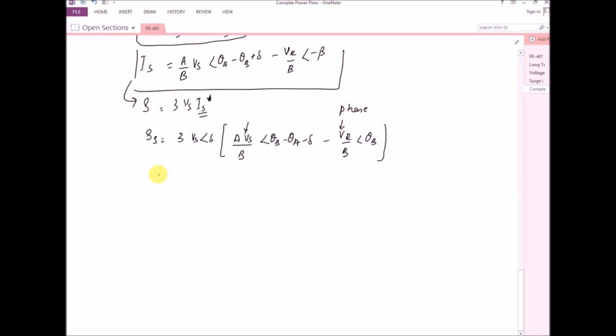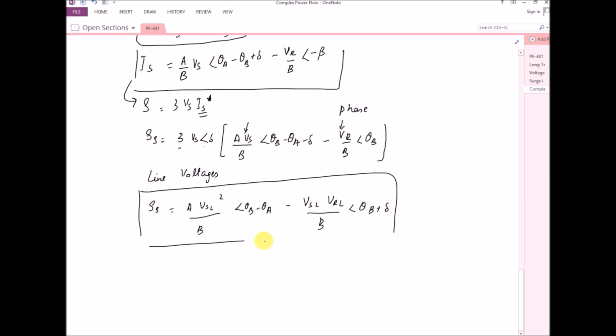Now converting it into line voltages, we will multiply these by 3 inside the bracket, and the final complex power in terms of line voltages will be A VSL square over B angle theta B minus theta A, minus VSL VRL over B angle theta B plus delta. So this is your sending end complex power.